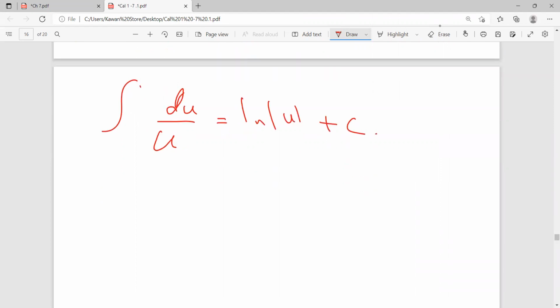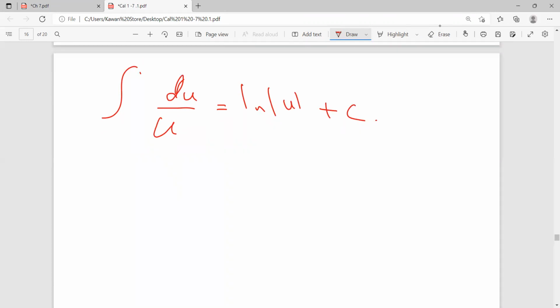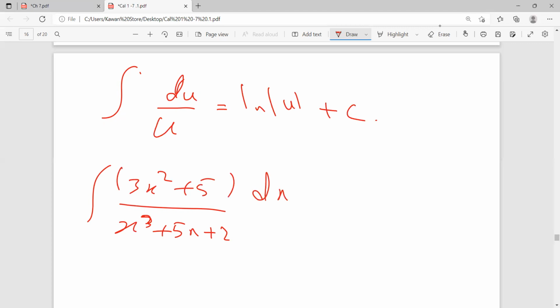Here's a simple example to get the idea. Are you with me? Look at it: we have x cubed plus 5x plus 2, and 3x squared plus 5 dx on top. First, I have what? A fraction. Do not forget that, because later in Cal 2 you have many types of fractions, so be careful. Now we have the first type.